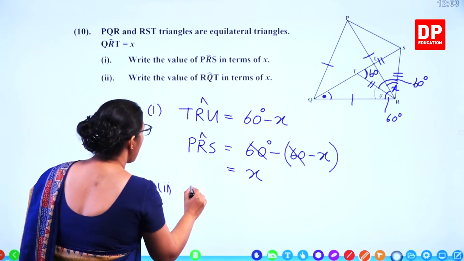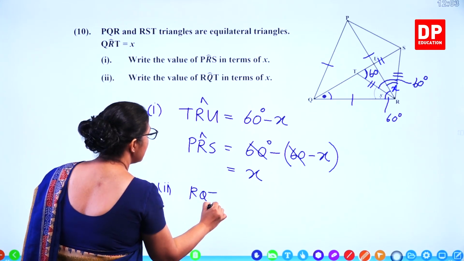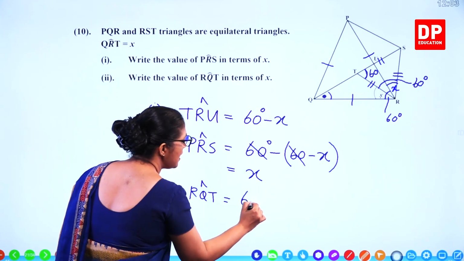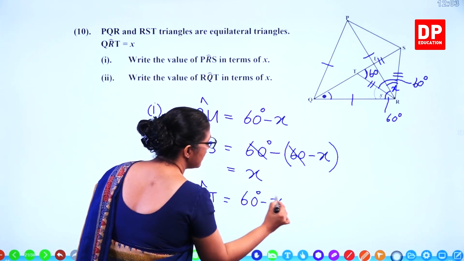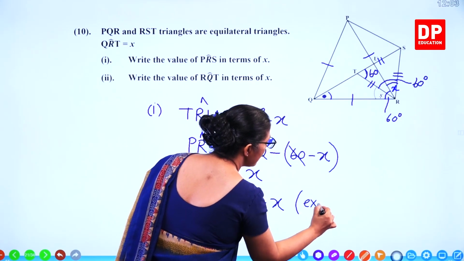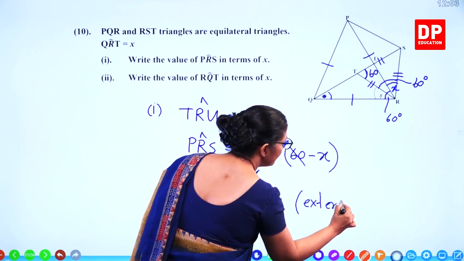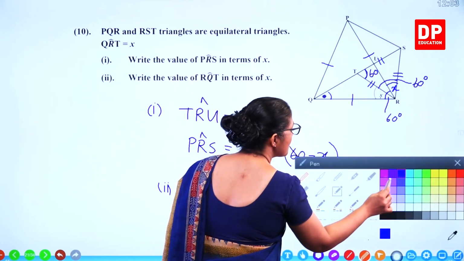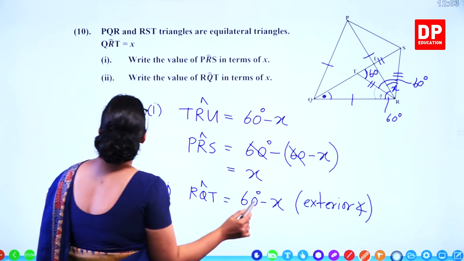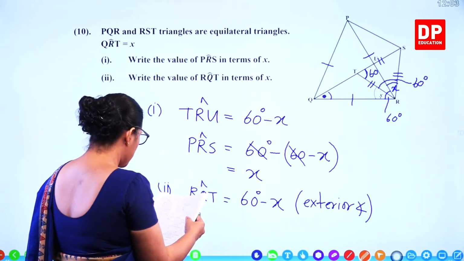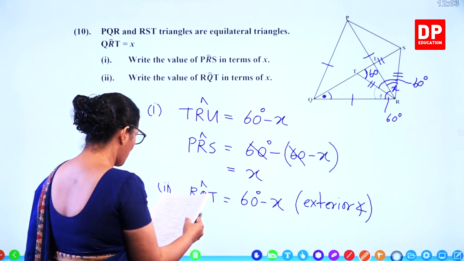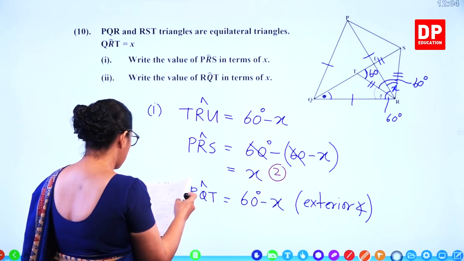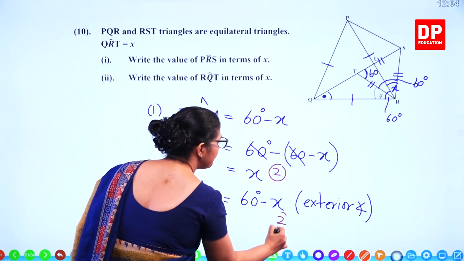So you can write RQT angle is equal to 60 minus x, exterior angle. So how many marks for these two steps? 2 marks for finding this angle and 60 minus x, 2 marks.